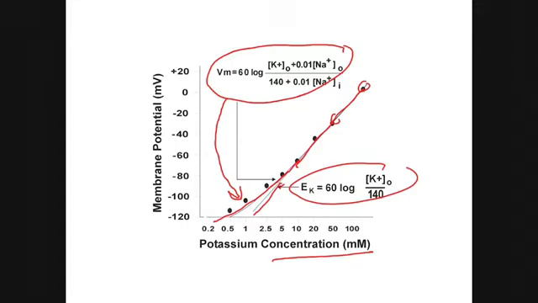What is that ratio that works? There's a key number here. It's right here, 0.01. So this is the ratio of PNa to PK. What does that mean? That means that Bernstein actually was pretty close to being correct.